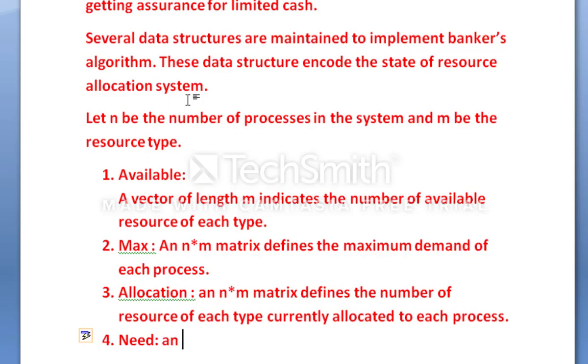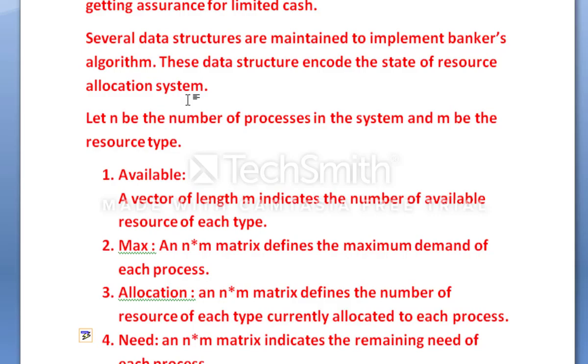So let's understand what Need is. It is an n cross m matrix that defines or indicates the remaining need of each process.